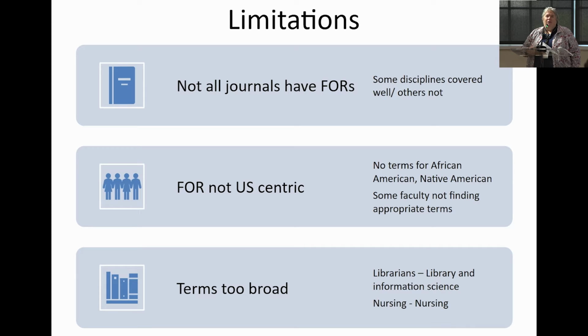And then there were other terms that faculty were looking for that weren't there. Some terms relevant to the LGBTQ community, gender and women's studies, those types of concepts weren't there. So it was limiting in terms of how we could use it, because it wasn't capturing some of the essence of what people might have had as their expertise.